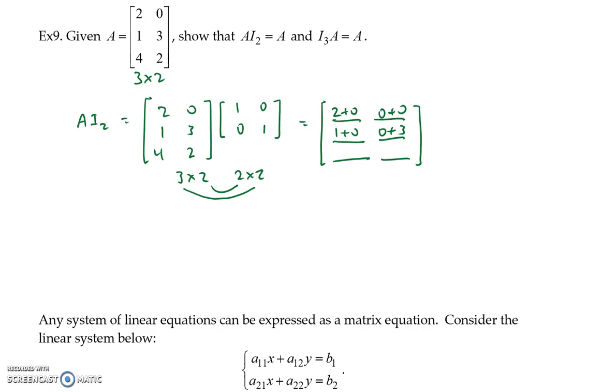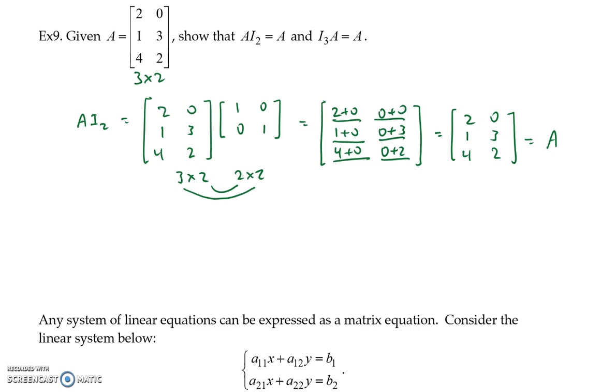Row 3 with column 1, 4 plus 0. Row 3 with column 2, 0 plus 2. That gives us 2, 0, 1, 3, 4, 2. In other words, it gives us A again, as we were hoping would be the case.